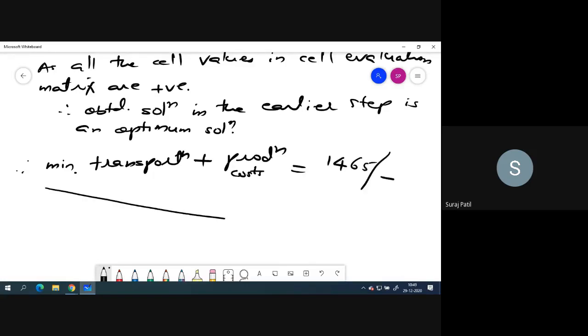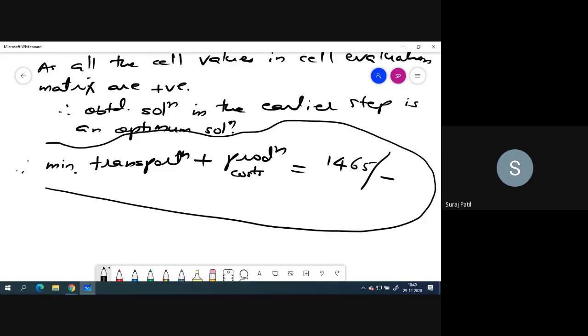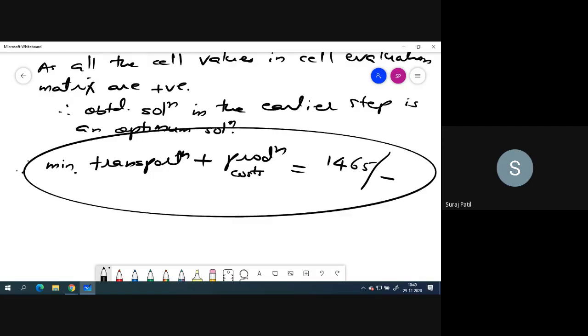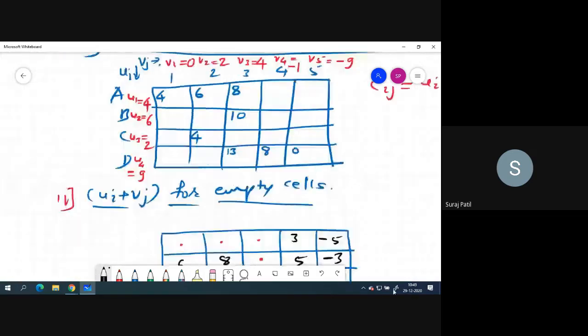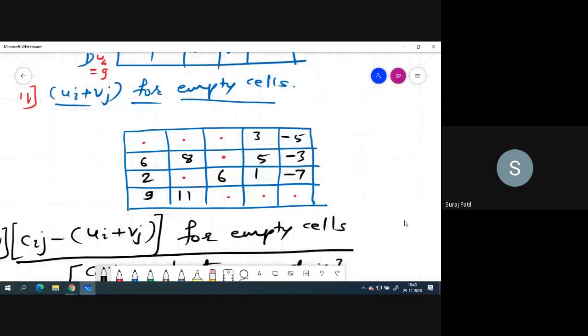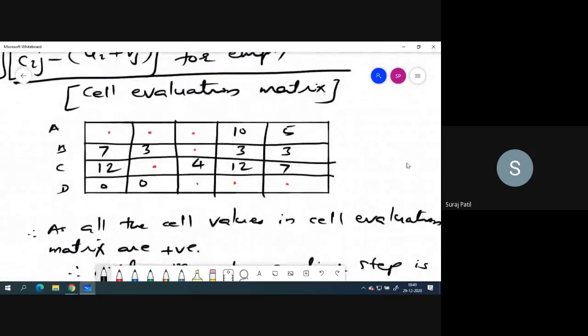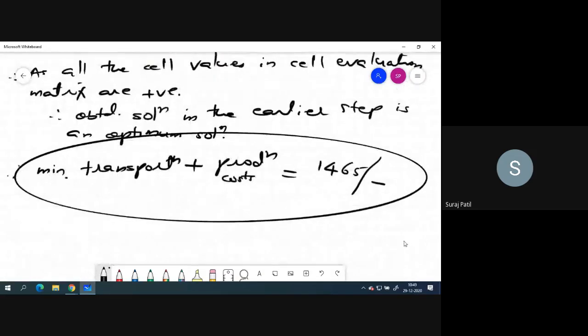Okay, so this is the answer. And you mark it as an important problem. This problem has been asked many times because of the starting two steps, that is adding the transportation cost and making it a balanced transportation problem. Hope it is clear.